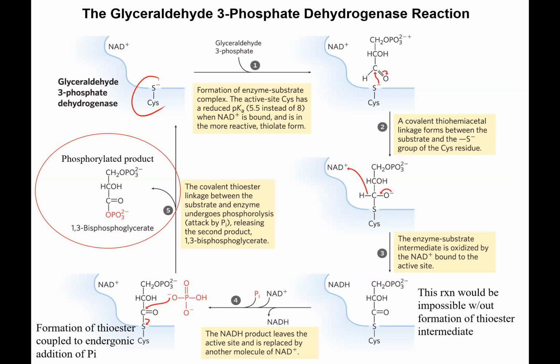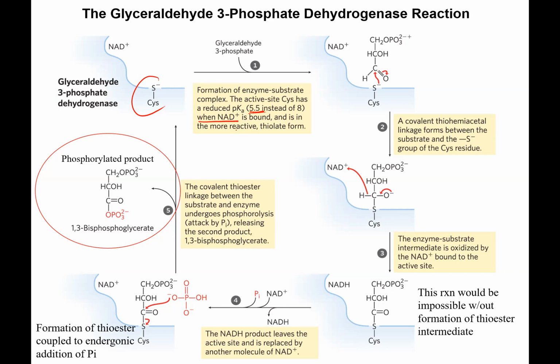And the environment of this active site cysteine actually reduces its pKa. It goes all the way down to 5.5 instead of 8. Part of the reason this active site environment allows for reduced pKa is the binding of NAD+.